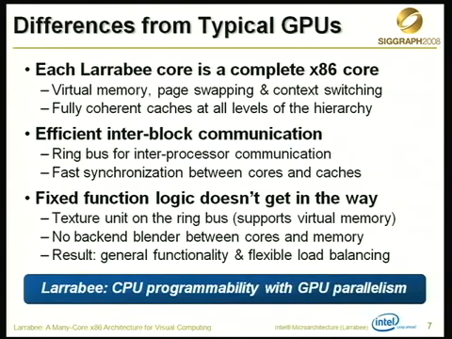What this means is you never have a case where you have to go from one programmable stage through fixed function logic to get to the next stage. It simply doesn't get in your way, and the result is much more general functionality and far more flexible load balancing. So the Larrabee architecture delivers on the goal of providing the vector parallelism of a GPU combined with the general purpose programmability of a CPU.